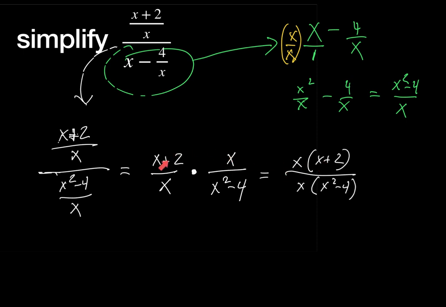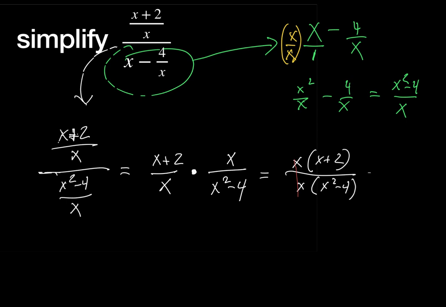x times x plus 2, x times x squared minus 4. I wrote it like this. Can I simplify that fraction anymore? Certainly can. What's x divided by x? 1.